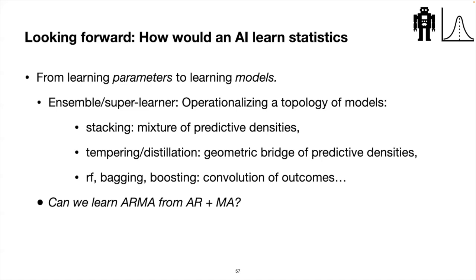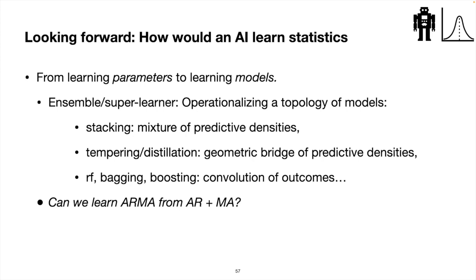So, for example, in time series, we have the AR model, the autoregression model, and the MA model, the moving average model. But we also have the ARMA model, the sort of model expansion of AR and MA. Now, if I just run stacking on the AR model and MA model, or if I just run mixture of experts or boosting or whatever, you can't really learn the ARMA from these two models, AR and MA, right?